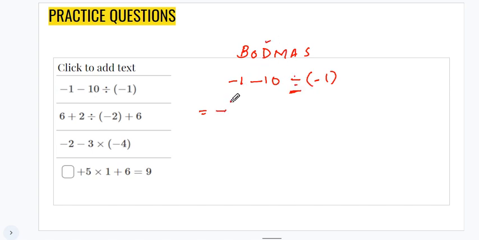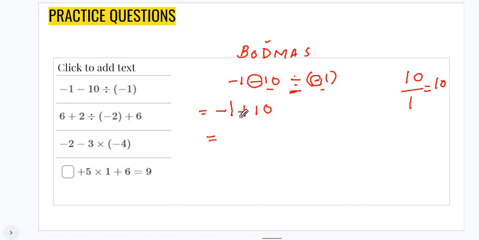So I'm leaving the -1. What I have to do is 10 divided by 1, leaving the signs. So just do it on your side as rough work. 10 divided by 1 will give you 10, right? What about the signs now? Minus times minus will give you plus. So I can write here plus 10, right?